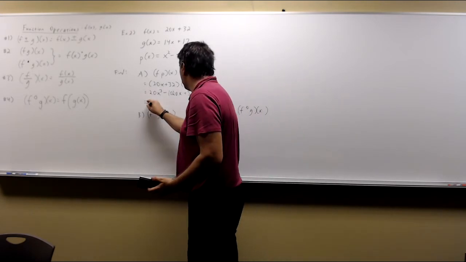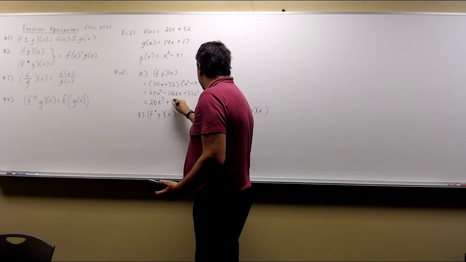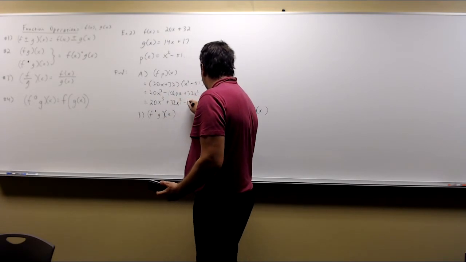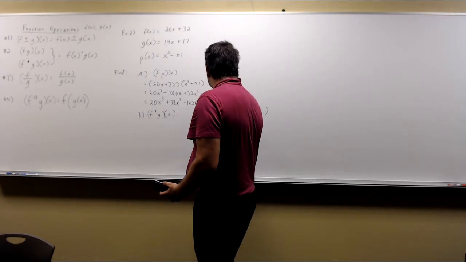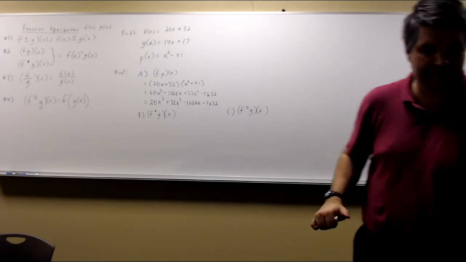Getting this in descending order, I get 20x cubed plus 32x squared minus 1020x minus 1632. Okay, so that's f times p of x.